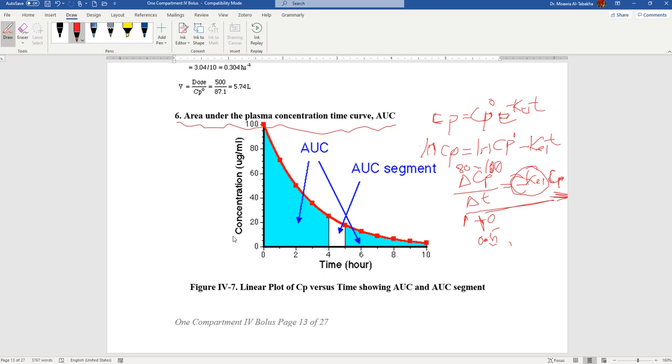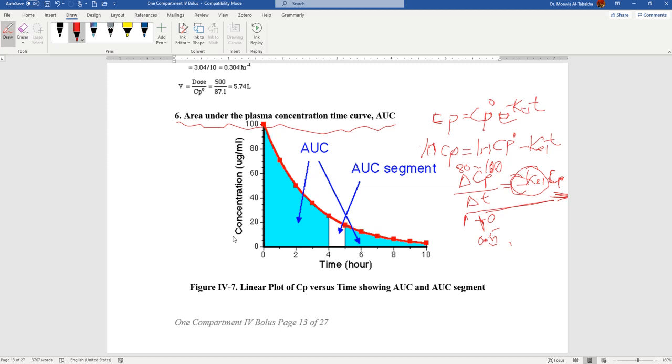One, if you remember the definition of bioavailability, what did we say about bioavailability? It's the rate and extent of drug reaching the site of action, right? Rate and extent. What describes the extent? Of course, it's the dose that I'm giving, but maybe not the whole dose is getting inside the systemic circulation.